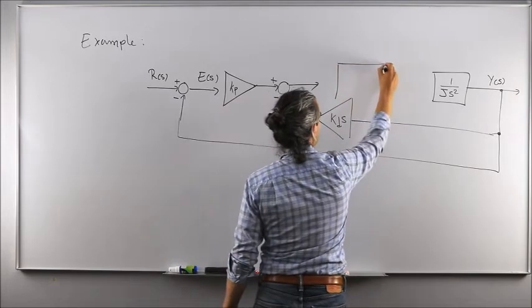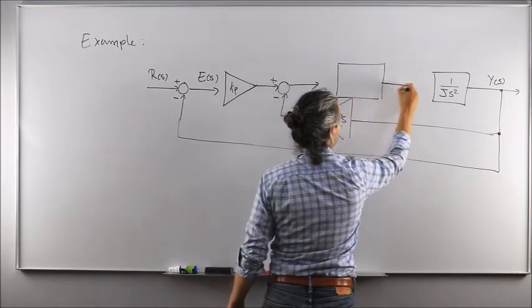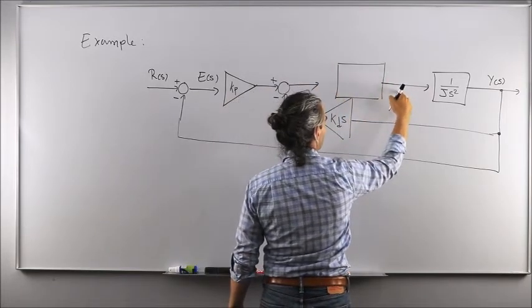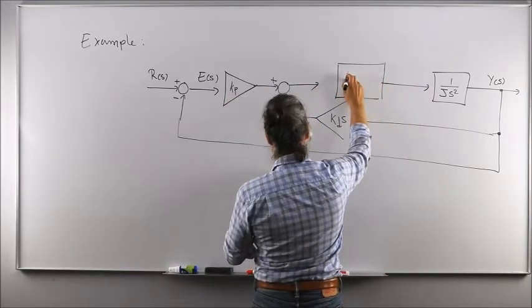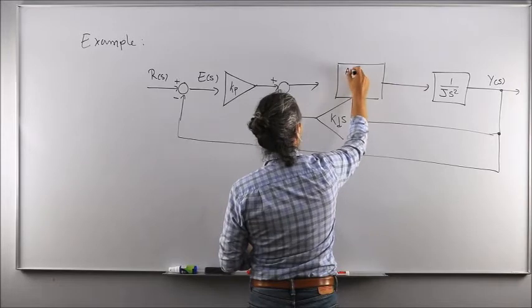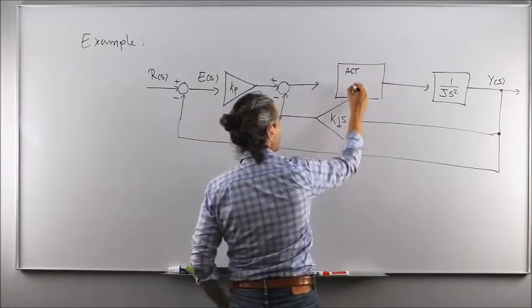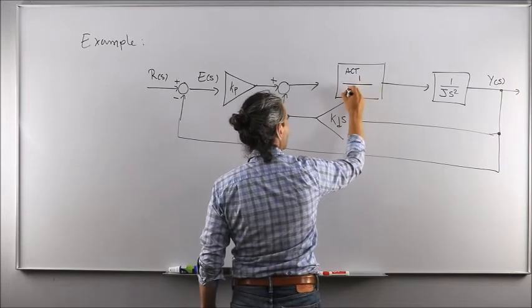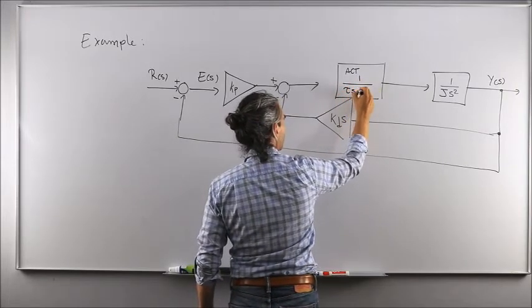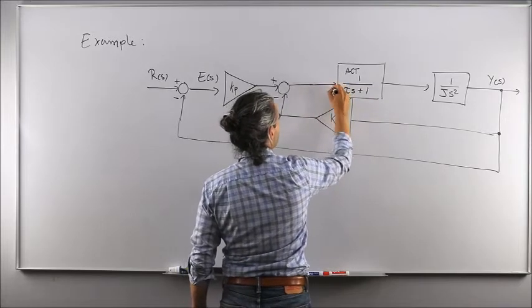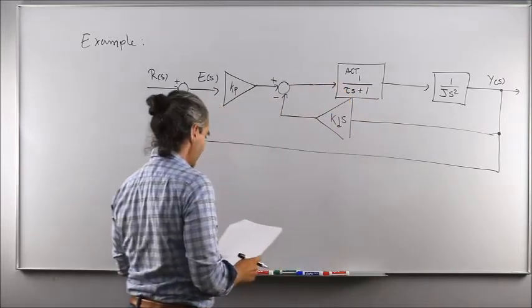You're going to have a box here that transfers this electrical signal essentially into a mechanical action. We'll call this act for actuator. And the transfer function of this actuator is going to be 1 over tau s plus 1. Tau being the time response of our actuator.